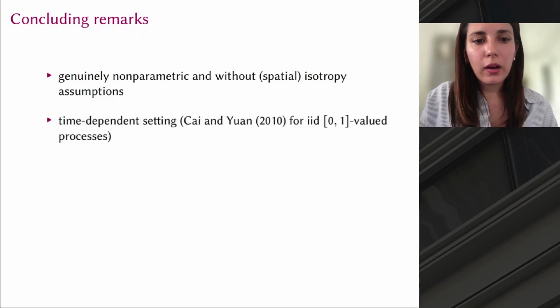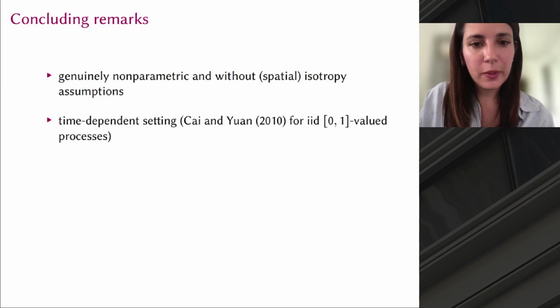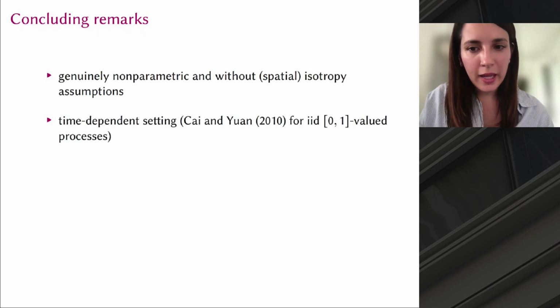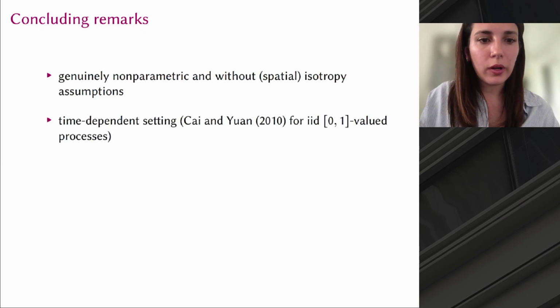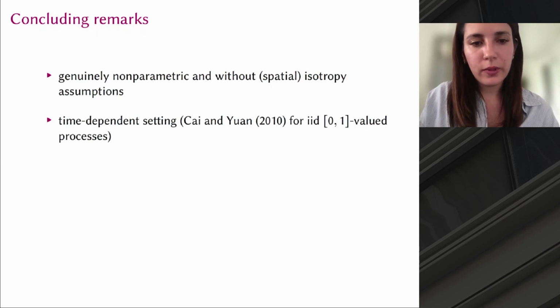We developed asymptotic results for the time-dependent setting. Kind 1 just did it for the IID case for 0-1 valued processes. So our result is really for the time-dependent setting, not just the spherical domain.